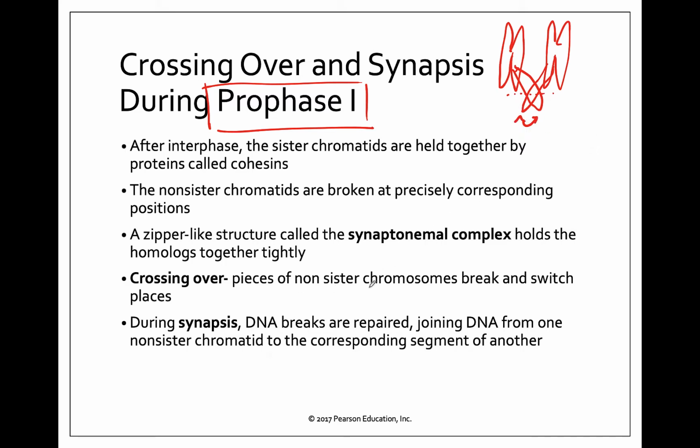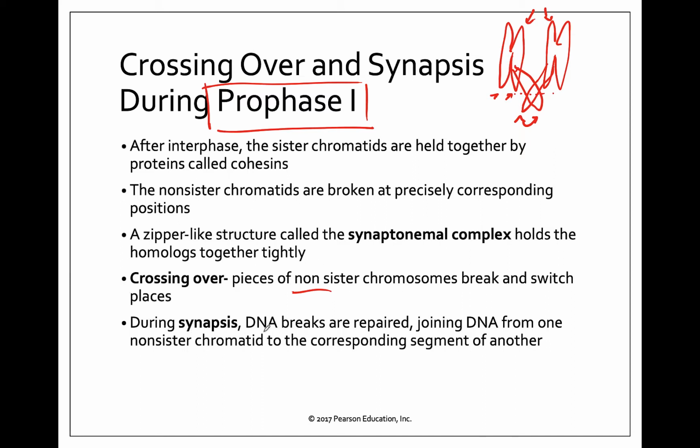So the non-sister chromatids, those are the ones in the center next to each other. Non-sister means that we've got one from mom and one from dad. These are sister chromatids. Those are not exchanging because those are exact clones of each other. What we're doing here is we're creating some genetic diversity. We're going to switch chromosome pieces from mom and dad and make new pieces of chromosomes that are actually combinations of what we got from mom and dad.